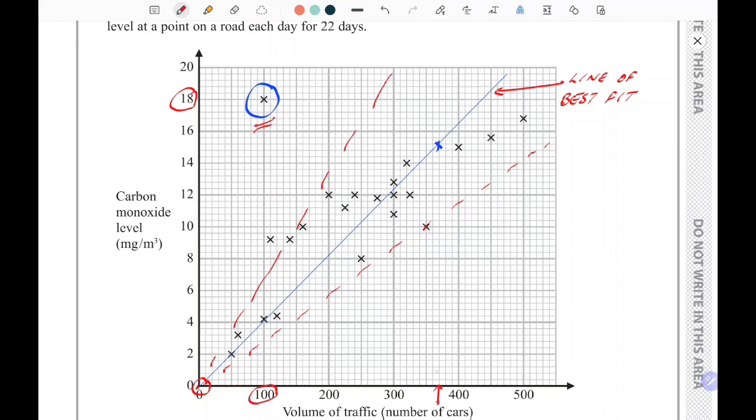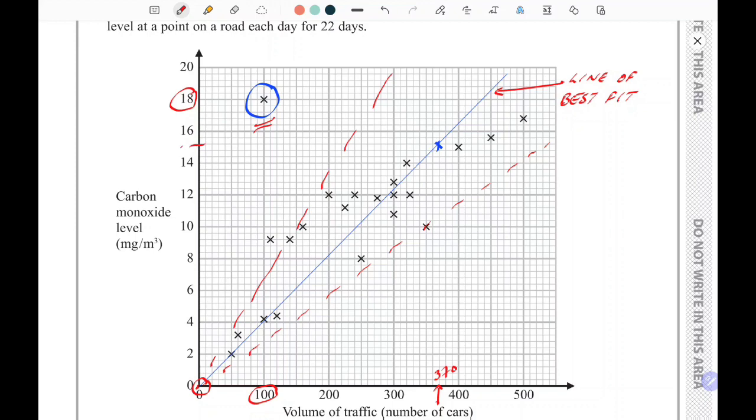And on that, I'm reading off 370 cars, and going up, looking at where the line crosses that value, something in the region of 15, let's say 15 and a half. Yeah, thereabouts.